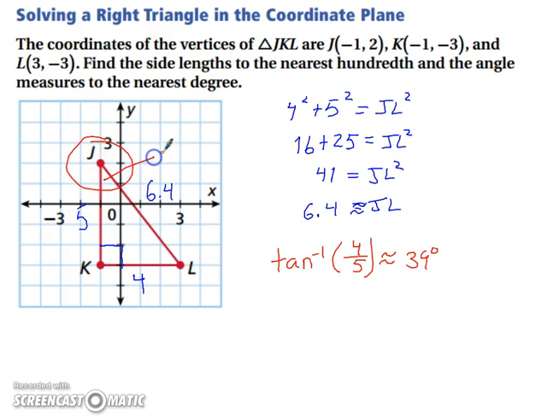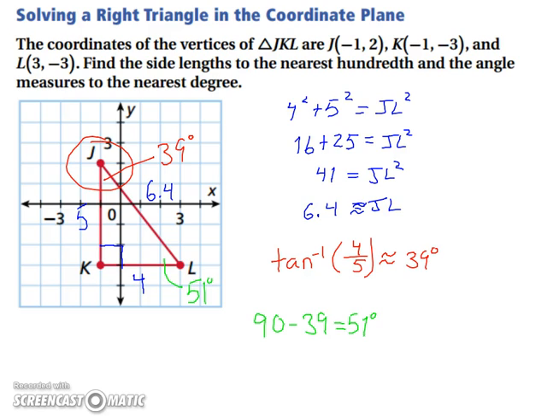So J is about 39 degrees. And once you have two of your three angles inside of a triangle, you can simply state that you have 90 minus 39 to give you the measure of angle L. In this case, that would be 51 degrees. So the measure of angle L is 51 degrees.